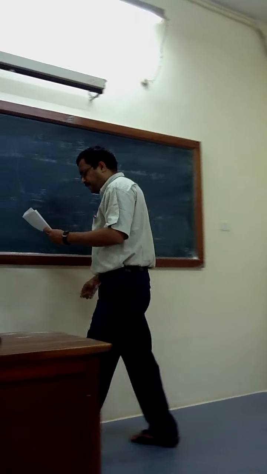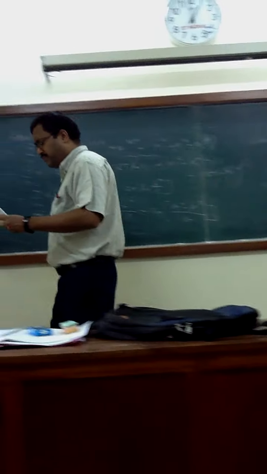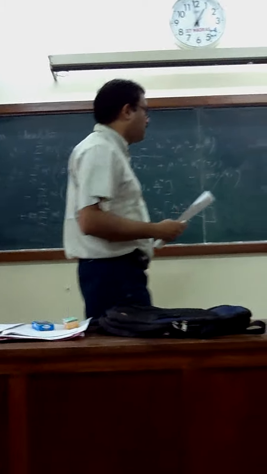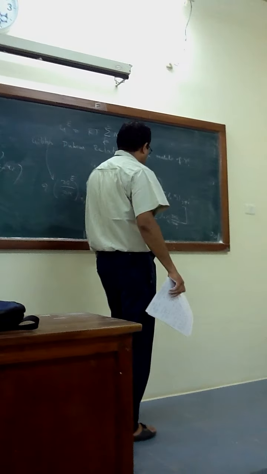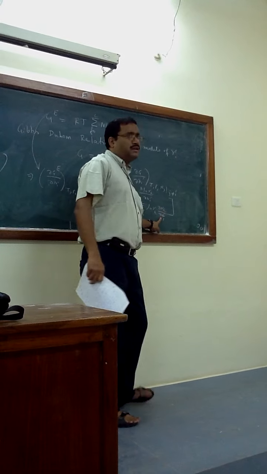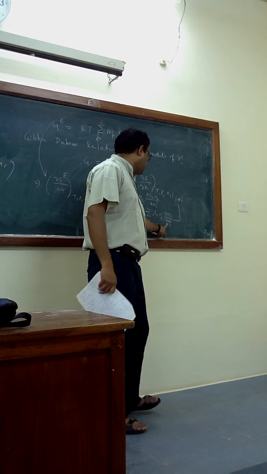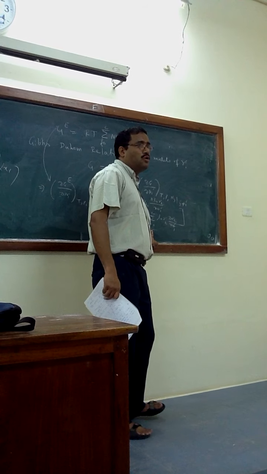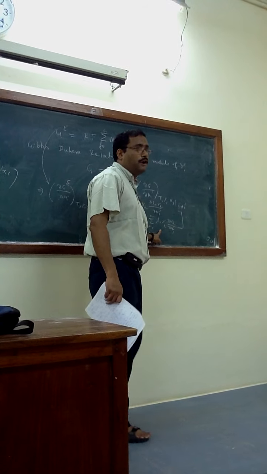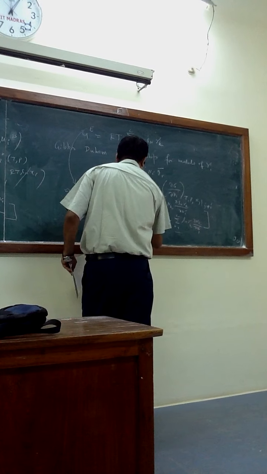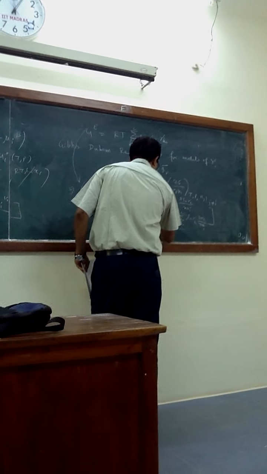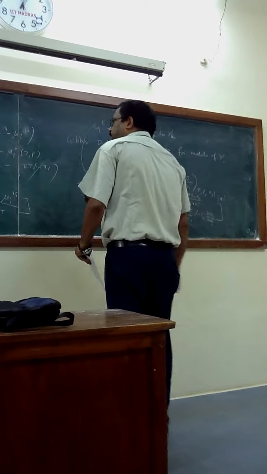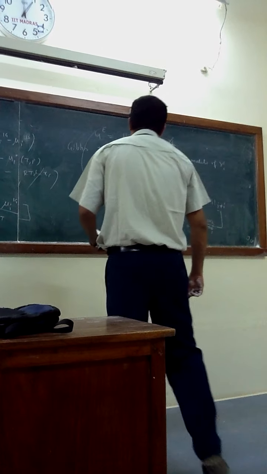Then what are you getting? This is a Kronecker delta, right? Delta ik. If there is a Kronecker delta, the summation term will go, and we will have ln gamma i. So you have RT ln gamma i, correct?